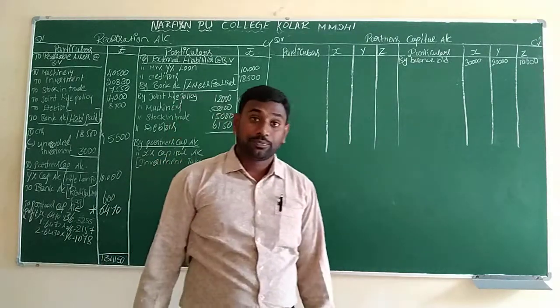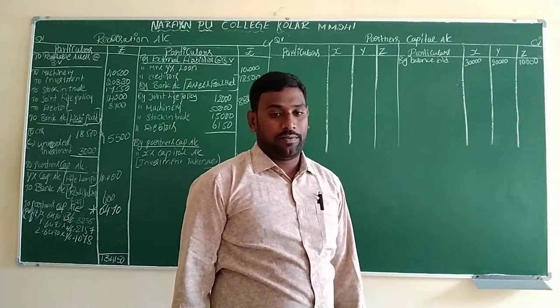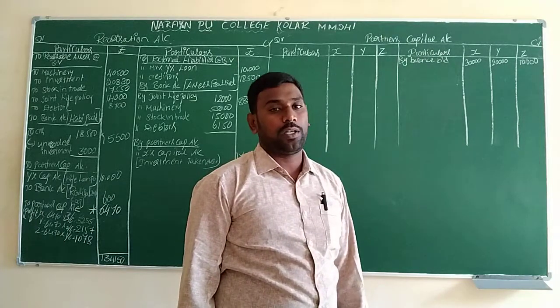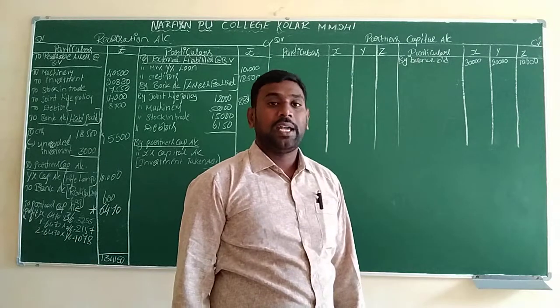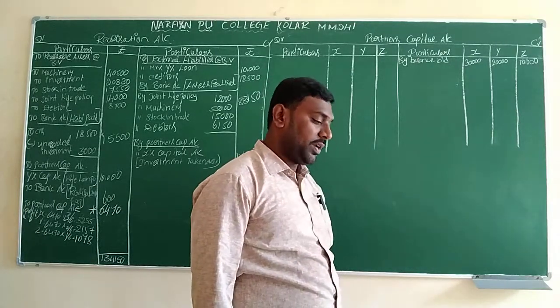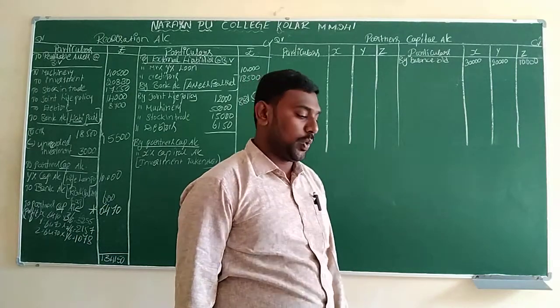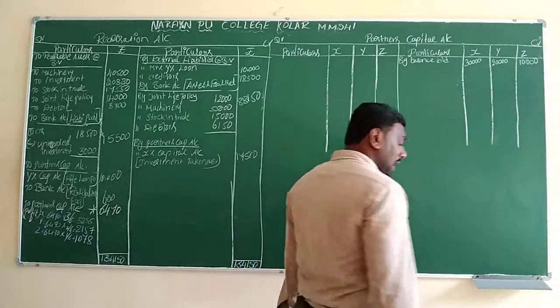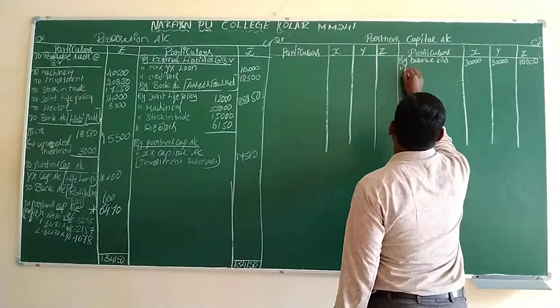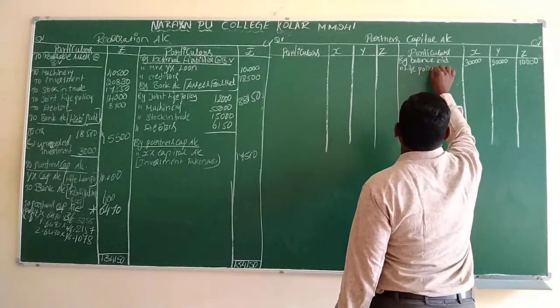So here, partners capital related transactions, they are given. First one is joint life policy fund, investment fluctuation fund, and profit and loss account. According to that we have distributed according to their ratio. First point they are given, life policy fund.